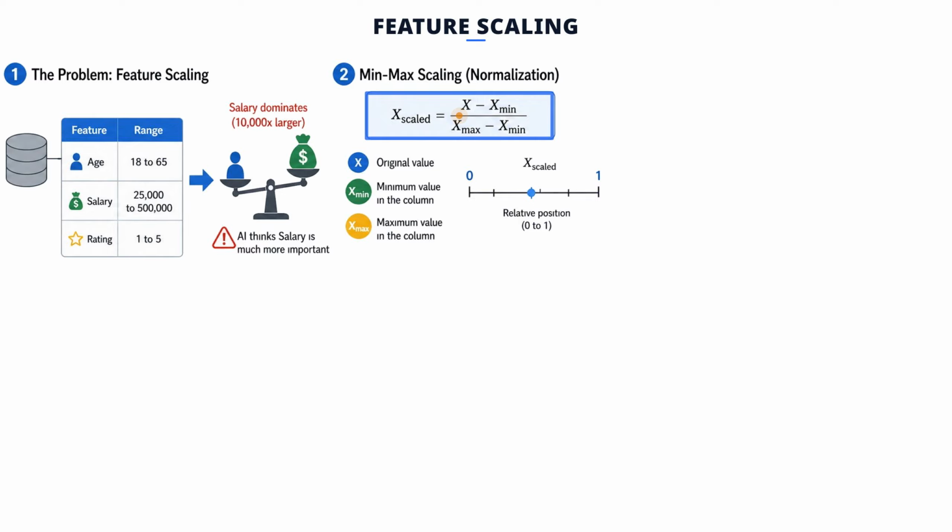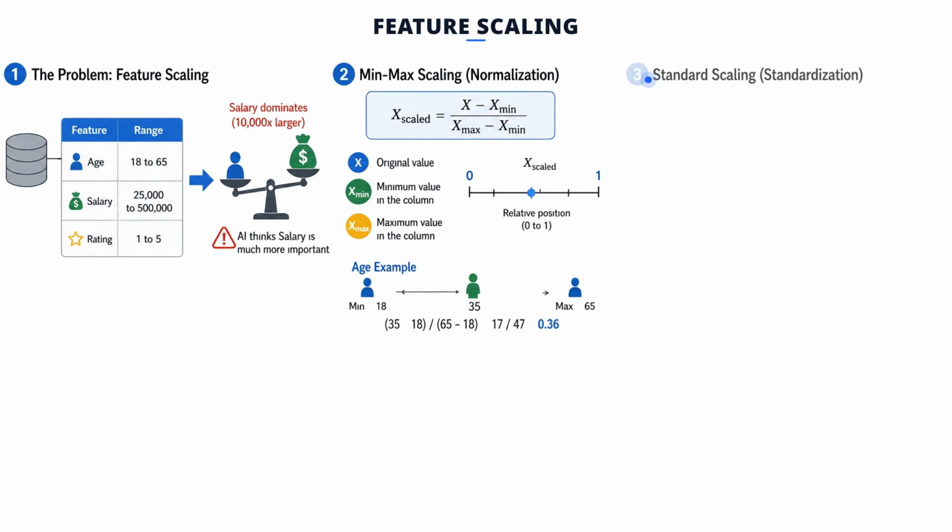By doing this, we find exactly where the value sits as a percentage of the whole. For example, if the age range is 18 to 65, an age of 35 is calculated as 35 minus 18 divided by 65 minus 18, that equals 0.36, which means 35 is 36% of the way through our age range.